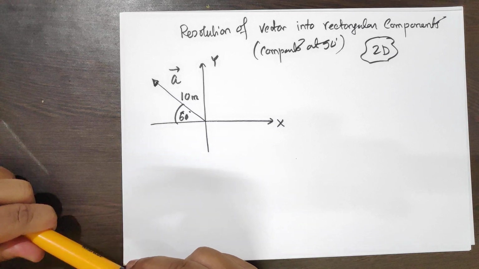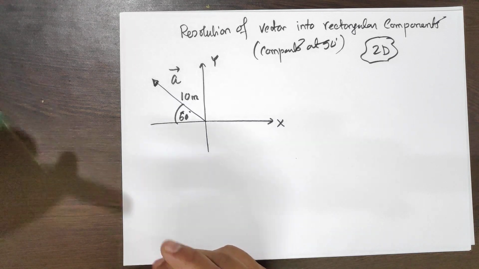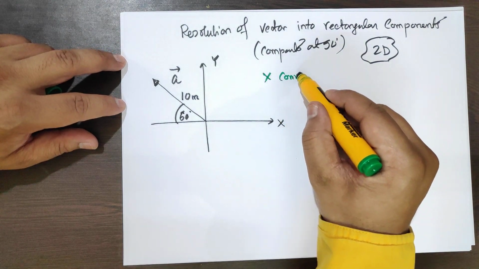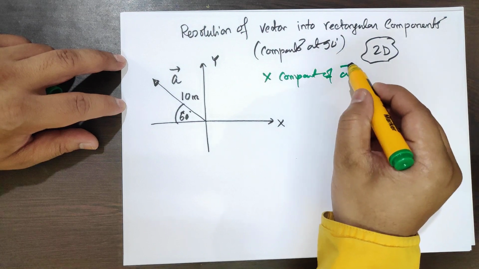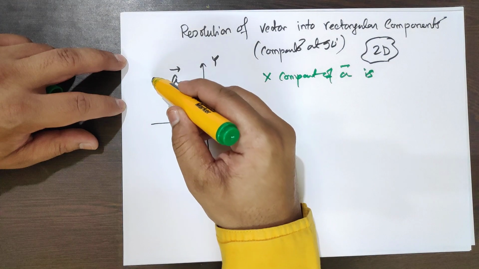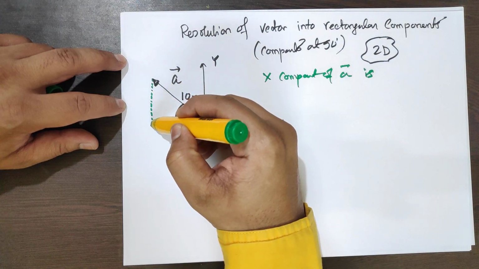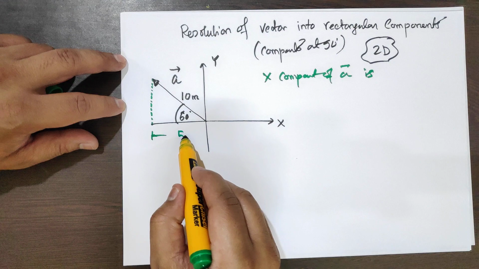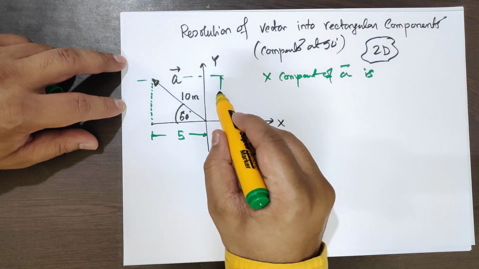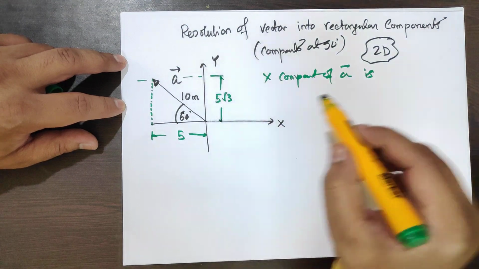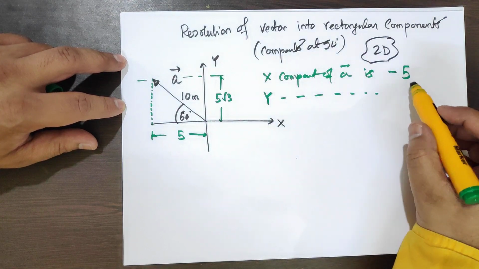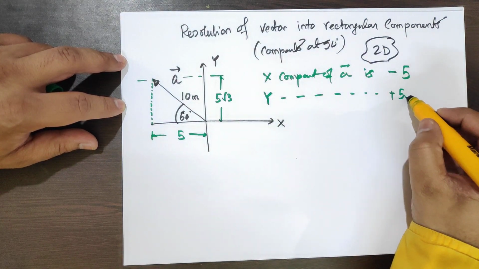Okay, so here vector A, see, what is the x component of A? The x component of vector A is this. See, the x axis direction is here, drawing perpendicular, this length is 5 and this length is 5 root 3. See, the x component of A is -5 and the y component of A is plus 5 root 3.